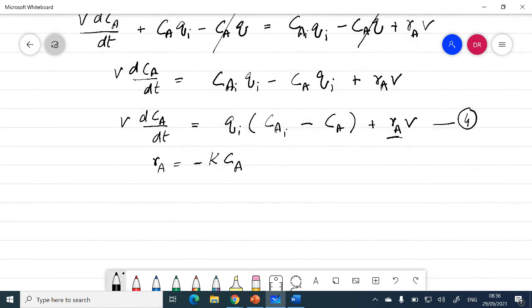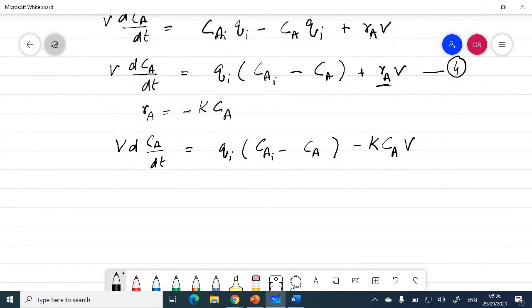So now our equation 4 will become dCA by dt is equal to QI times CAI minus CA, minus KCA into volume. This is equation number 5.